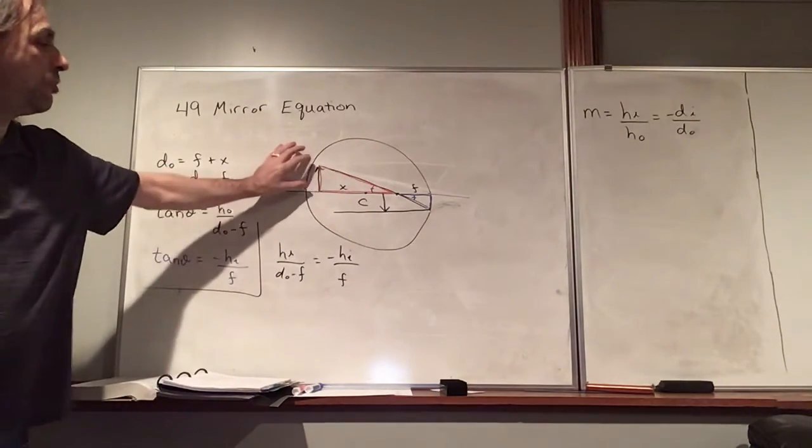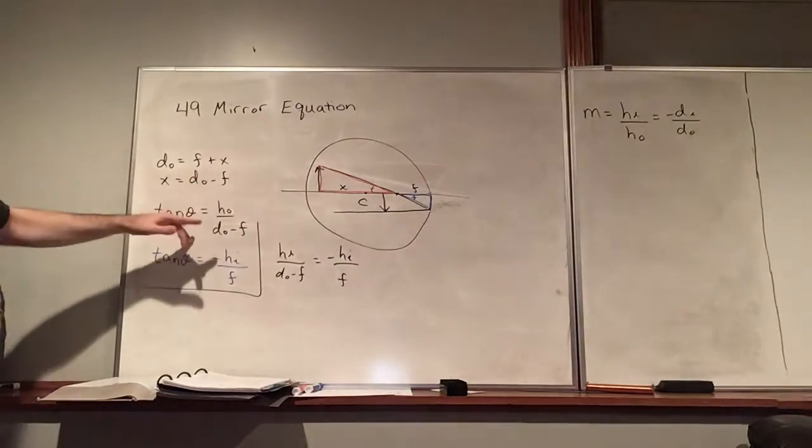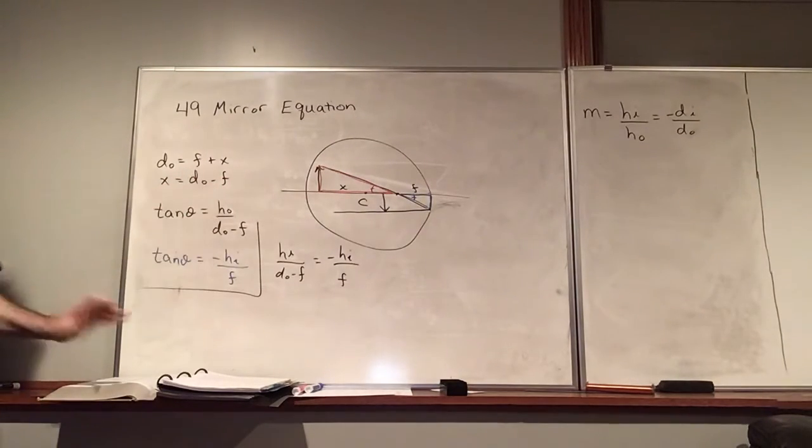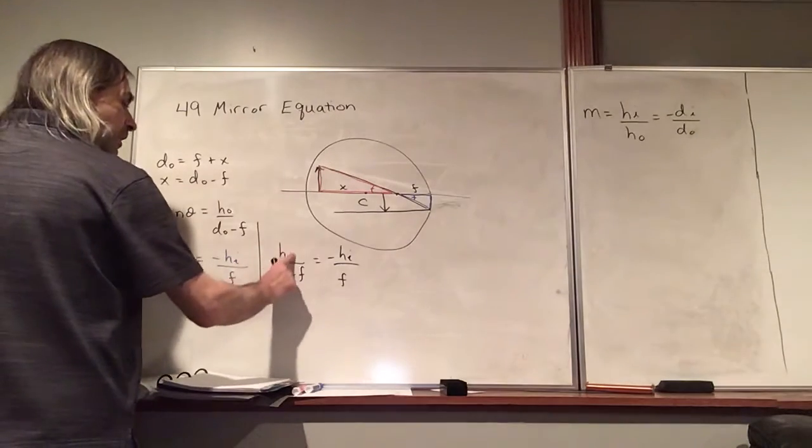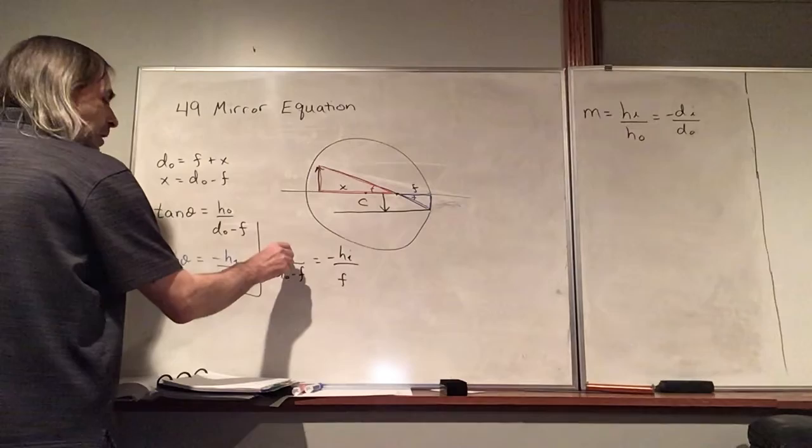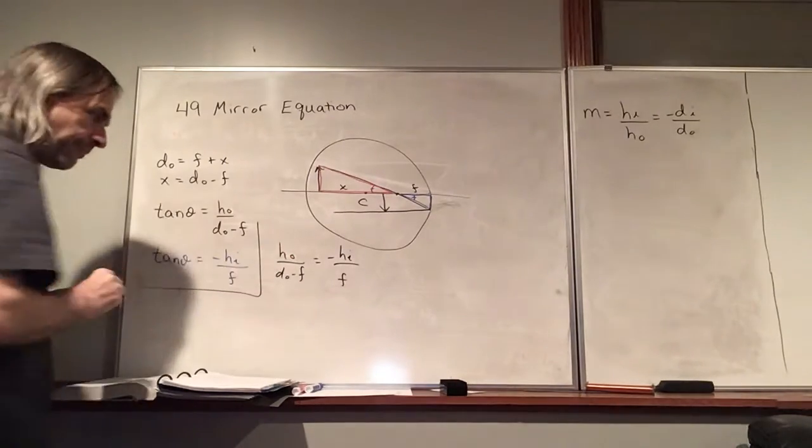Tangent of theta, that's HO, the height of the object, divided by x. So, okay, that's what we have. So this is the height of the object. Sorry, I just wrote down the wrong thing.